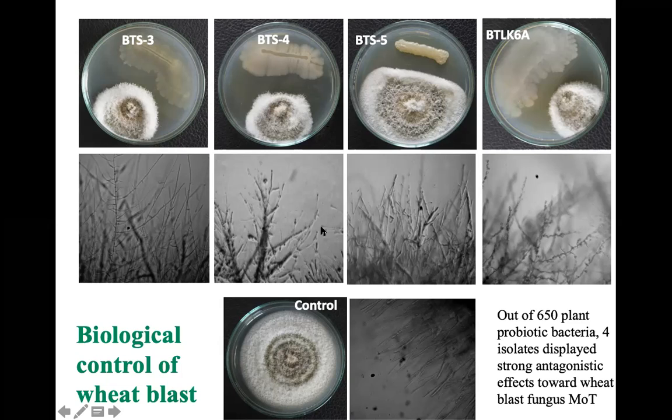Here in the microscope, you can see many of the cells are lysed and some hyper branching also in the hyphae is seen. And in our past experience, it is clear that some of the antibiotics or metabolites produced by the bacteria affect the cytoskeleton of the hyphal cell.